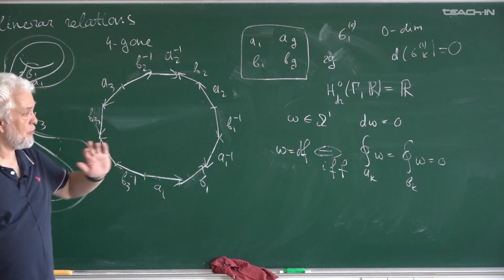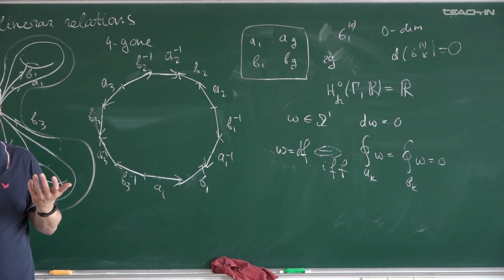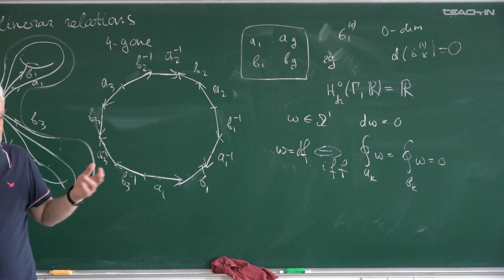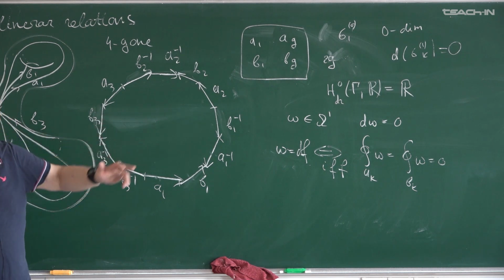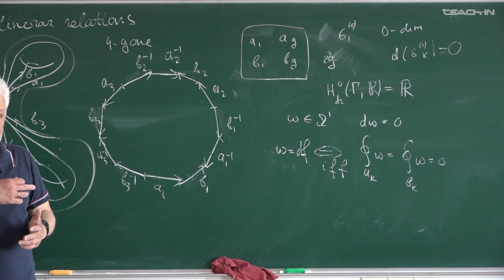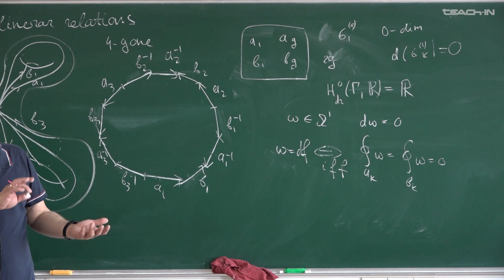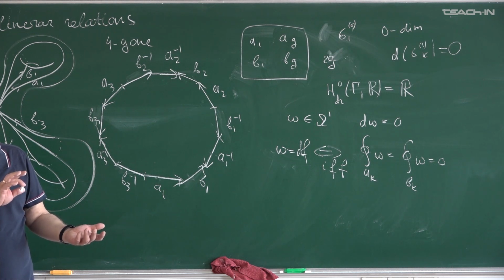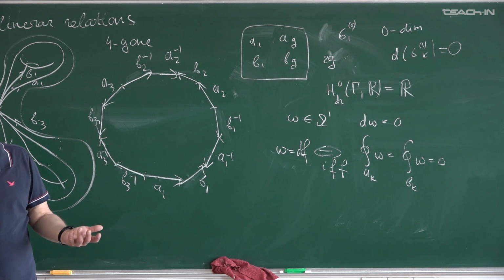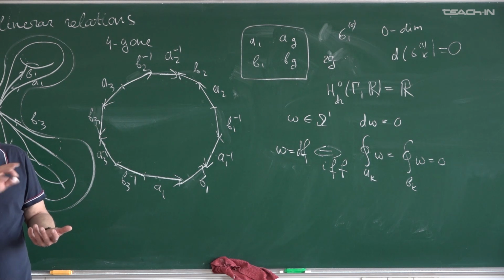So the dimension is not greater than the number of cycles. Any cycle can be deformed to a cycle along the boundary, therefore it's a sum of basic cycles, and they're independent. So we have a criterion: a differential is closed if and only if all periods are equal to 0.